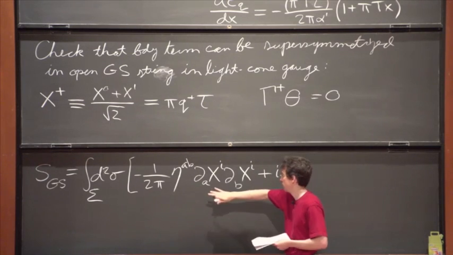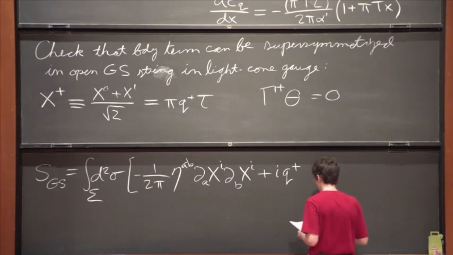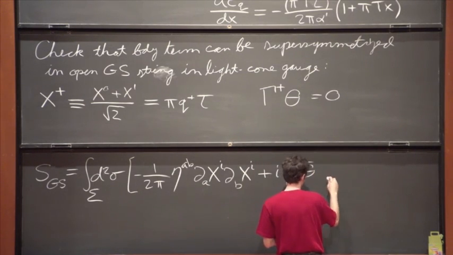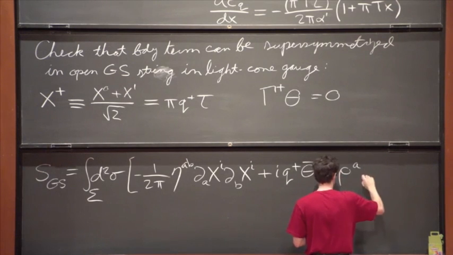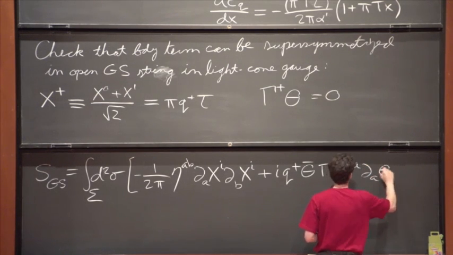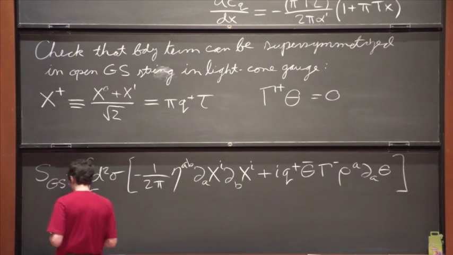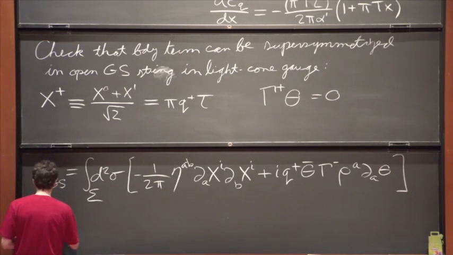Okay, so this was the bosonic part corresponding to what I wrote previously. And then the supersymmetrization looks like this. And I just have to tell you a little bit more about what these various symbols mean.